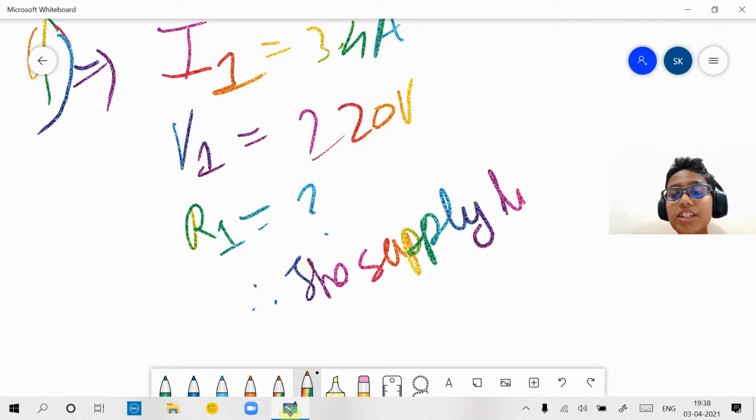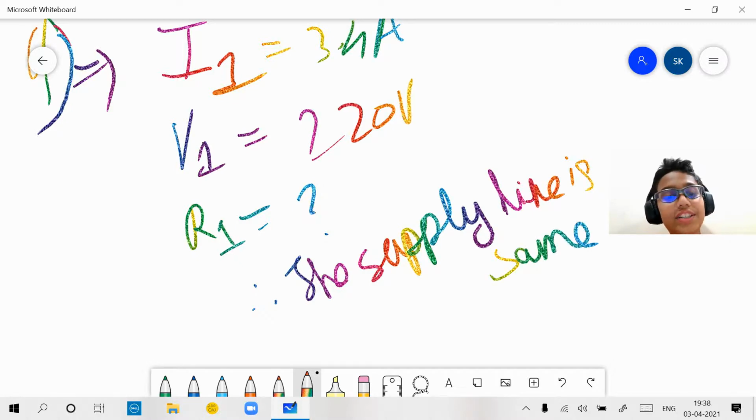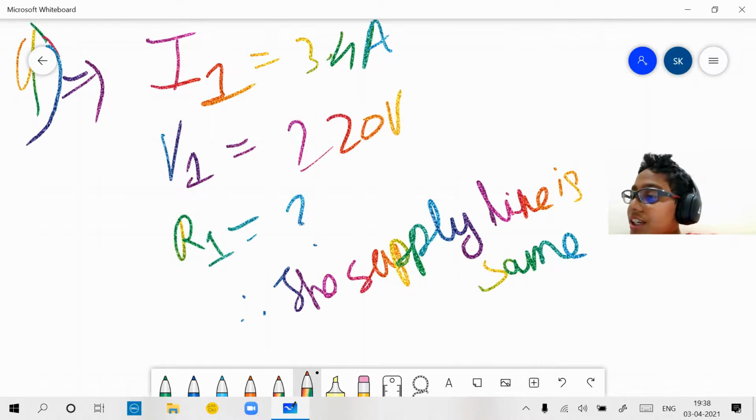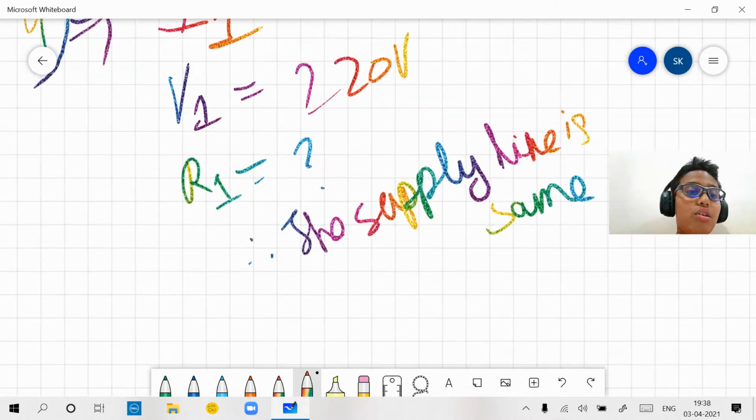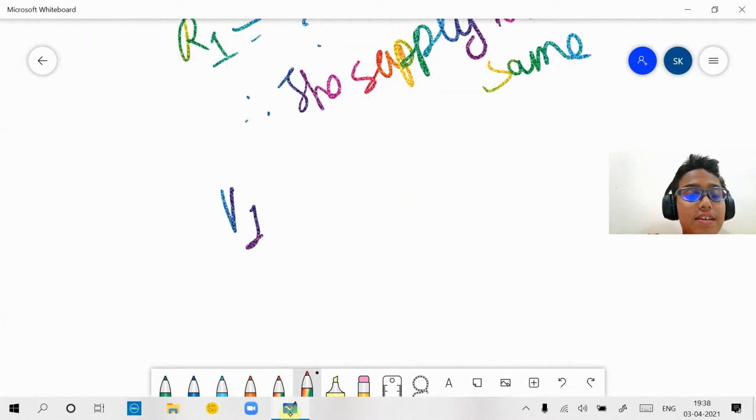This is the arrangement given in this question. Now the question is, what current will this iron draw if it is connected to 110 volts of the same supply line? So now V2 is 110 volts.